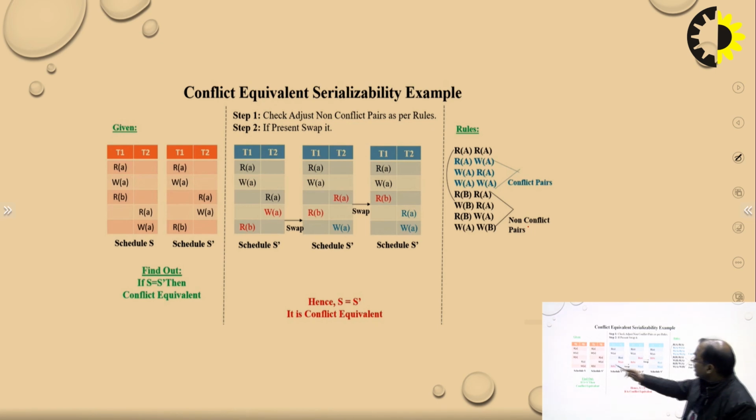Again, we have a writing of A and a reading of A. This is also a conflict pair.